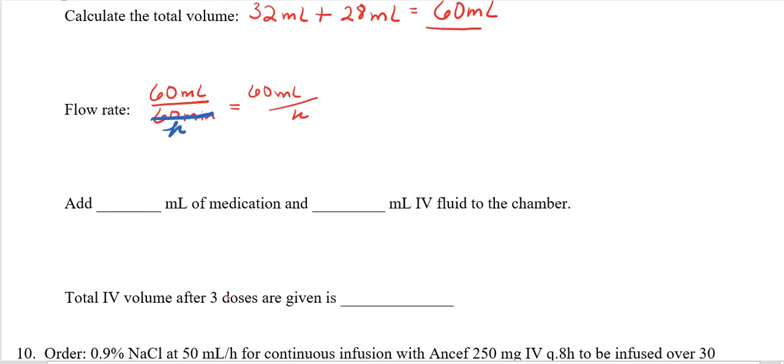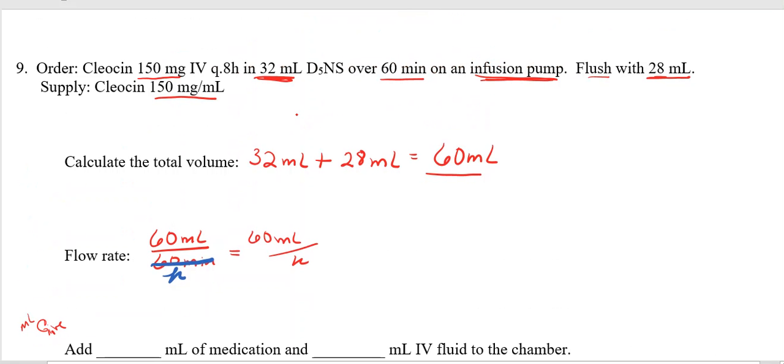This last part says add how many milliliters of medication and how many milliliters of IV fluid to the chamber. This is where it gets a little tricky. The amount I'm going to add is the amount that I would give, the milliliters that you would give to your patient. I'm going to use my doctor's order of 150 milligrams and my concentration of 150 milligrams per milliliter.